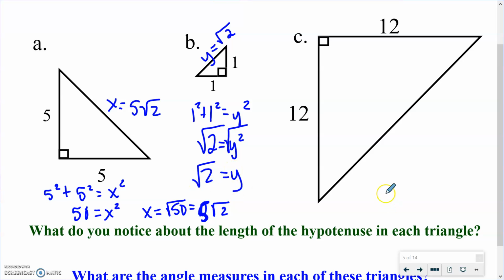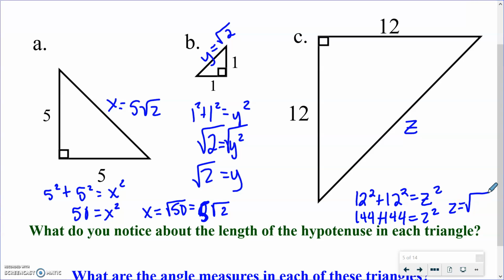And then this last one, we're going to do 12 squared plus 12 squared equals z squared. We'll just call this side z. So we get 144 plus 144 equals z squared. So z equals the square root of 288, which simplifies in simplest radical form to 12 square root 2.